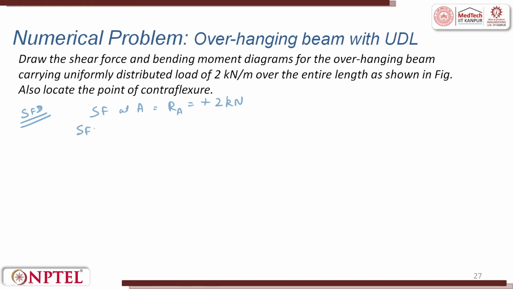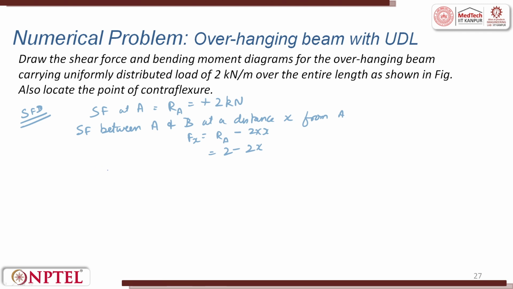So, the shear force between A and B at a distance x from A is given as Fx equal to RA minus 2 into x, which is 2 minus 2x.